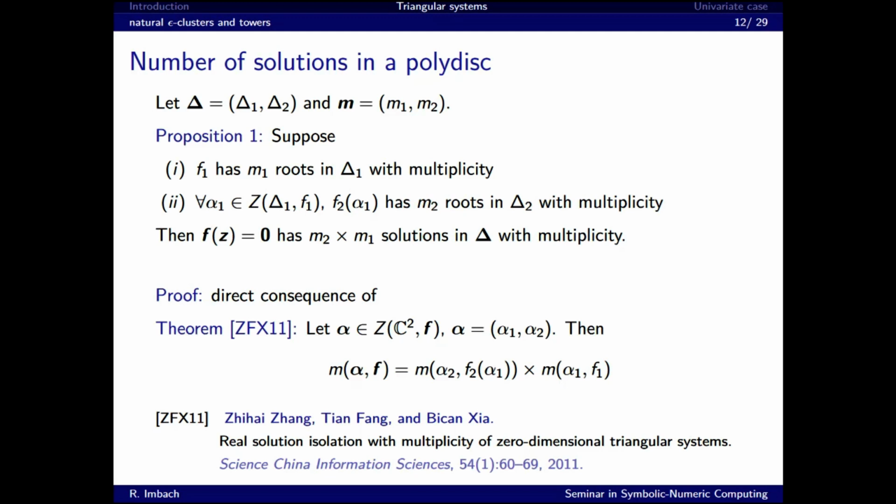So this theorem states that if f is a triangular system, alpha is a root of f, its components are alpha 1, alpha 2, then the multiplicity of alpha as a solution of f is equal to the multiplicity of alpha 1 as a solution of f1 times the multiplicity of alpha 2 as a solution of f2 specialized in alpha 1.